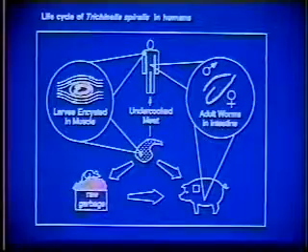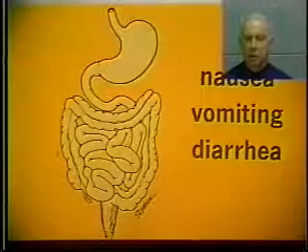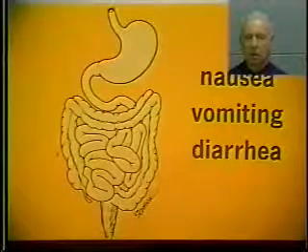Here are the encysted larvae that are released within the gastrointestinal tract of humans. The larvae develop into mature worms, they mate, and this may result then in the clinical signs shown here among humans.